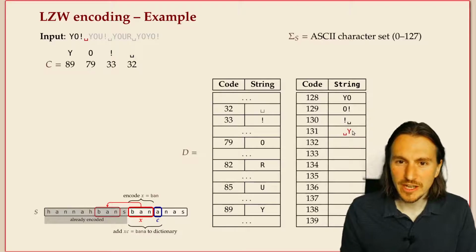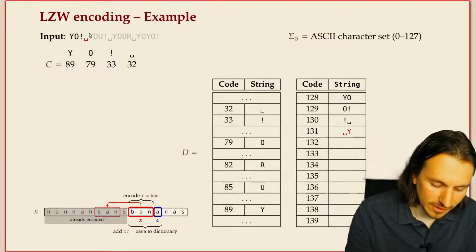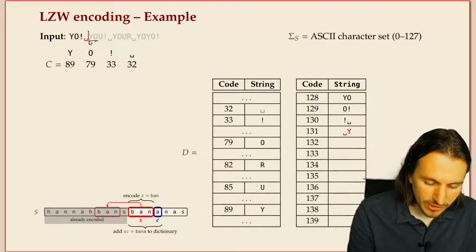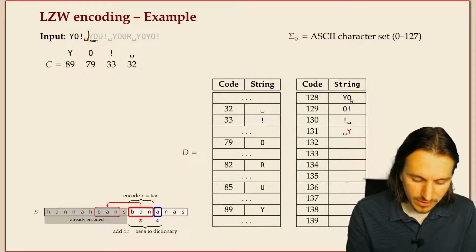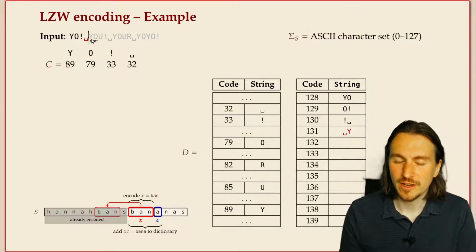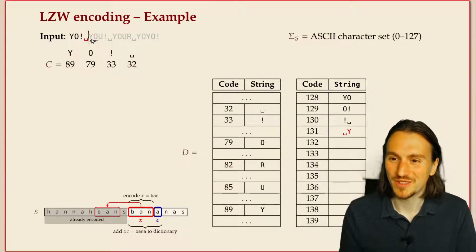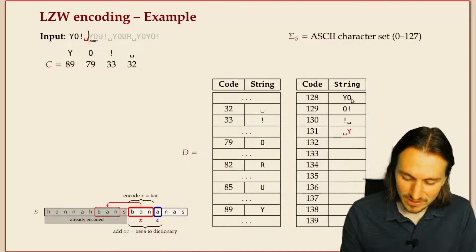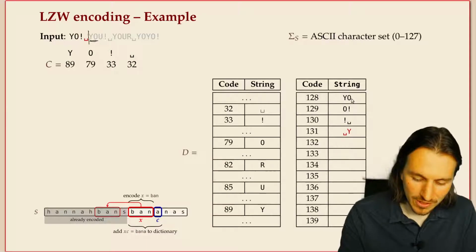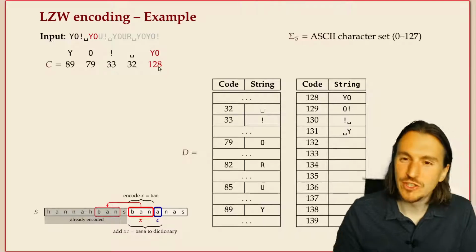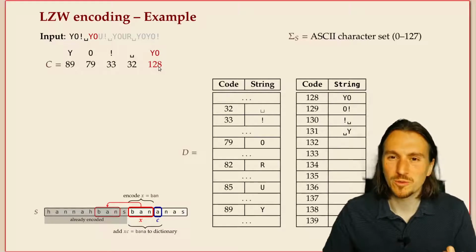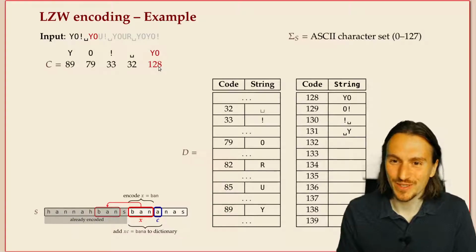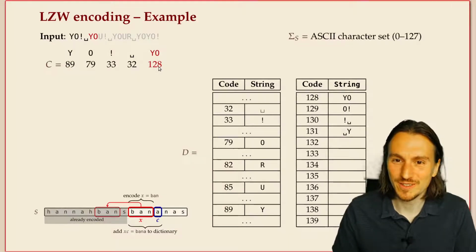Now things start to slightly become more interesting, because now we've actually seen yo before. So here we have to pick the longest. We want the longest match in the dictionary that we can find at this position, and that indeed is this yo. So here we use this new code word that stands for a phrase we haven't initially had in the dictionary, but it's a substring of our text.